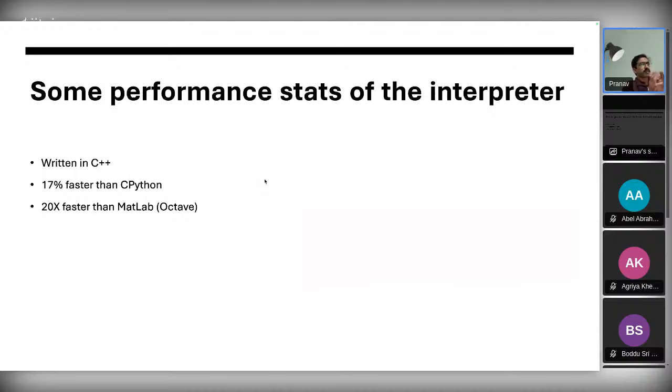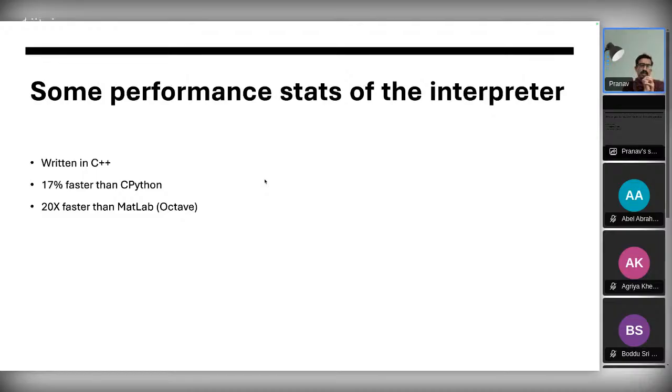Now, some performance stats for the interpreter. This interpreter is written in C++. Right now, it has limited features. It has all the relevant features required for basic programming: loops, functions, variable array length, arrays, all the basic functionalities. And right now it is 17% faster than CPython.